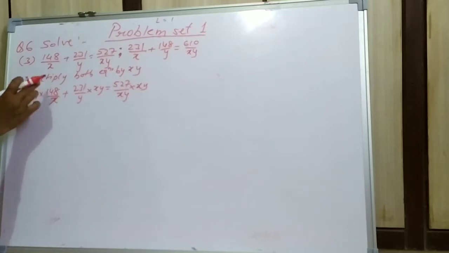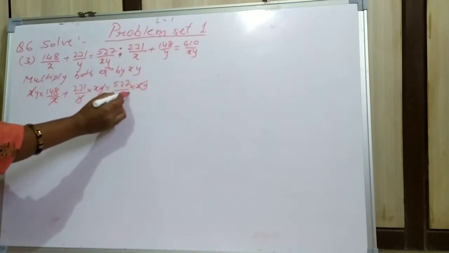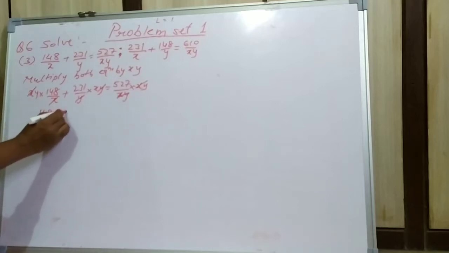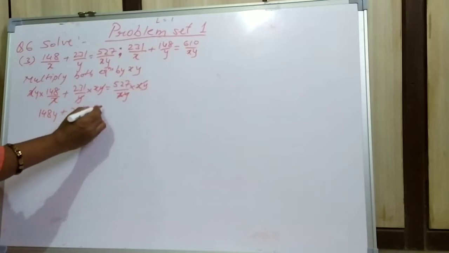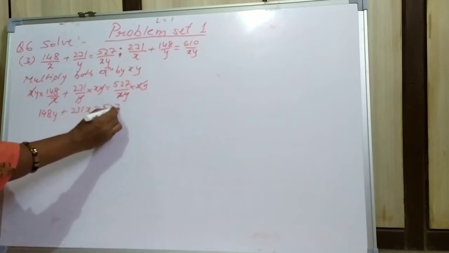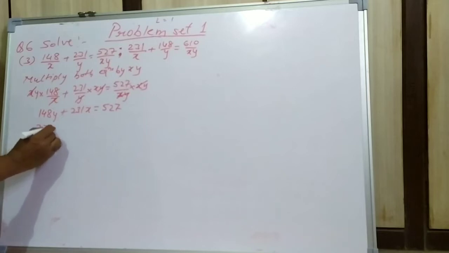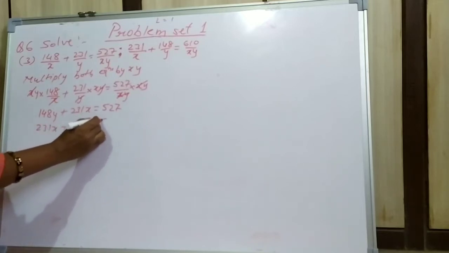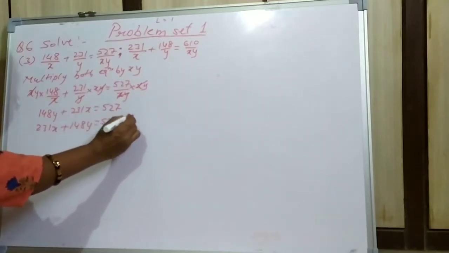Here y will get cancelled and here xy will get cancelled. So you will get 148y plus 231x is equal to 527. So you can rearrange this equation: 231x plus 148y is equal to 527. Consider this as equation 1.